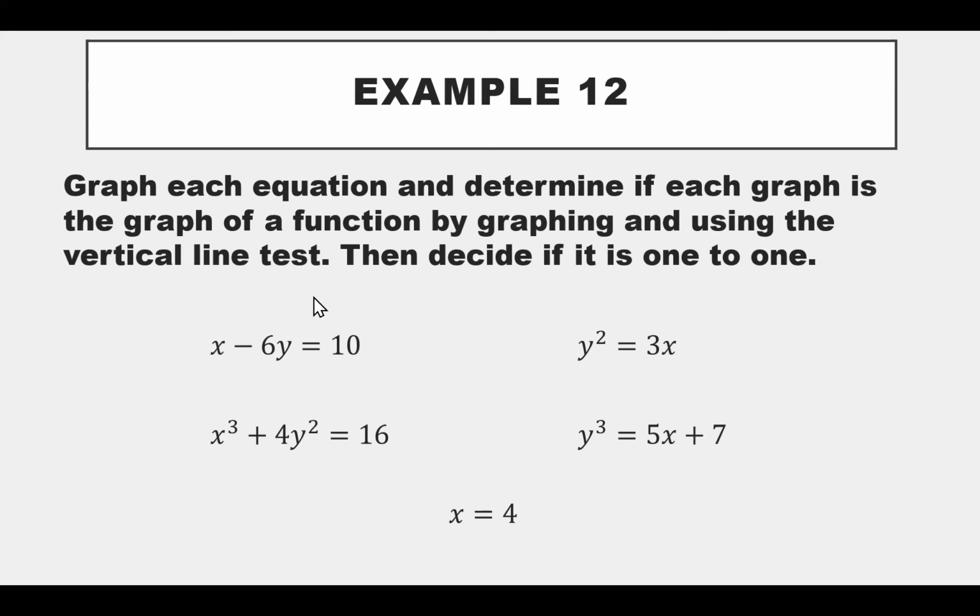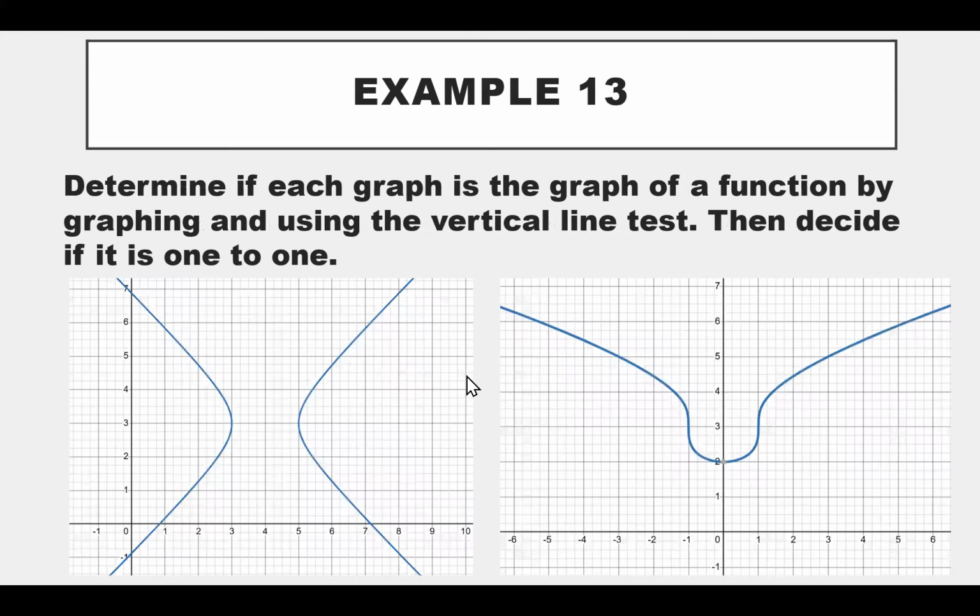Here we were given the equations for all of these relations, but obviously you could do this if you just had the graphs as well. So let's determine if each graph is the graph of a function by using that vertical line test.